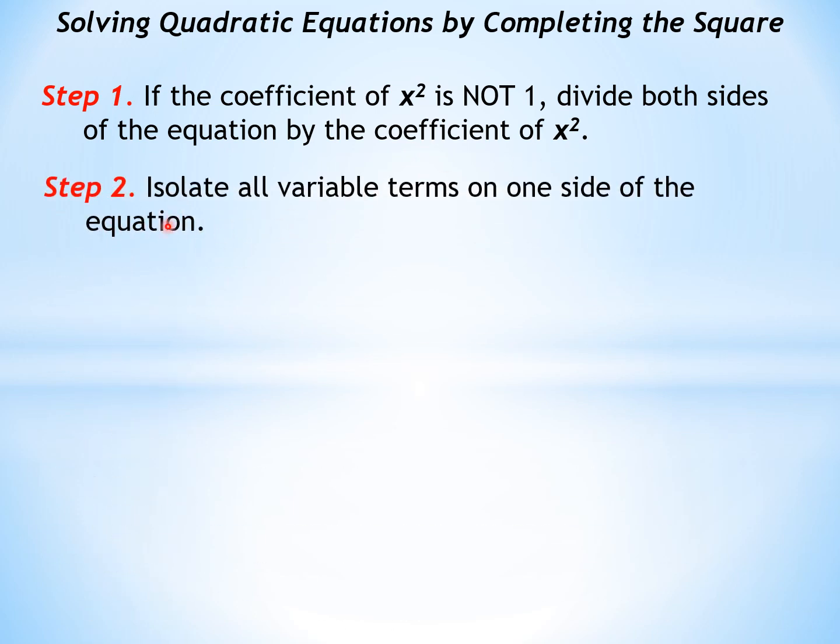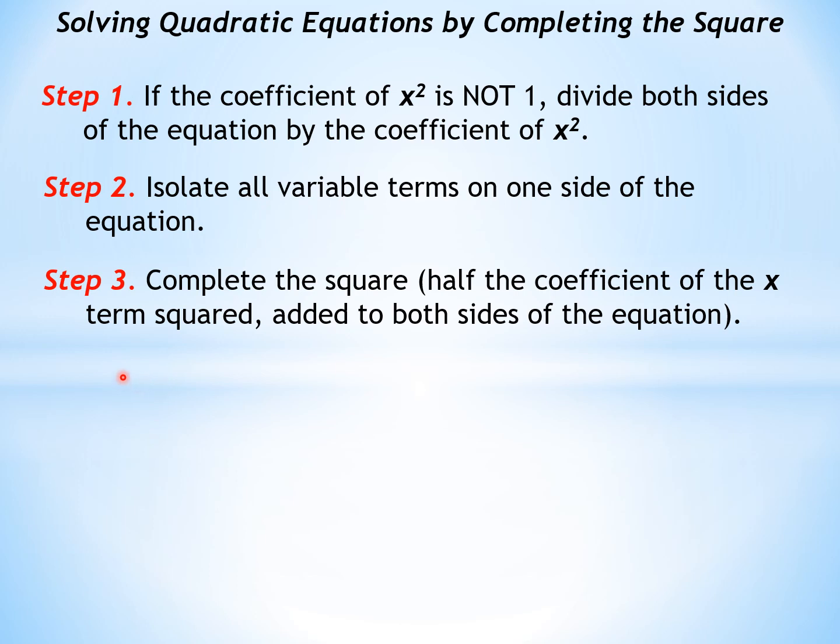Step number 2, isolate all the variable terms on one side of the equation. Ilalagay natin sa left side yung mga variable x, then yung constant sa right side.